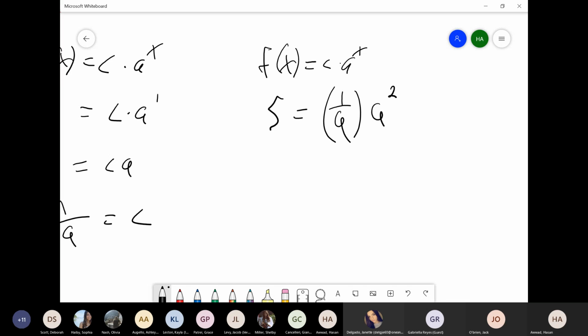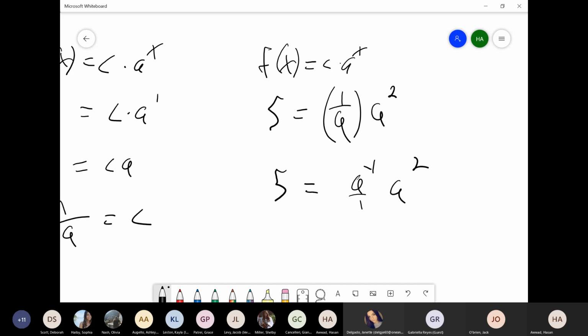Okay? And now you can, however you're comfortable solving this, you can either throw the a squared on top. So you can say this is 5 is equal to a squared divided by a, or alternatively, and this comes back to exponent rules once again, 1 over a is the same thing as a to the negative 1 power, right? If you guys remember, if we went backwards, that negative 1 power implies that you have a fraction, a over 1, right? You just flip it on its head, so that's the same thing as 1 over a.